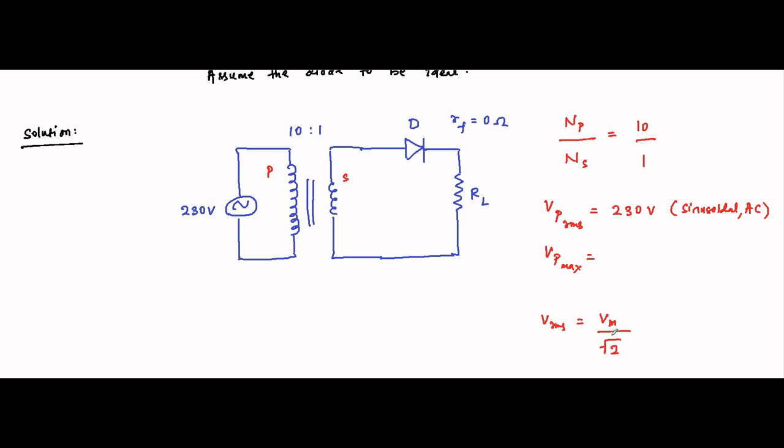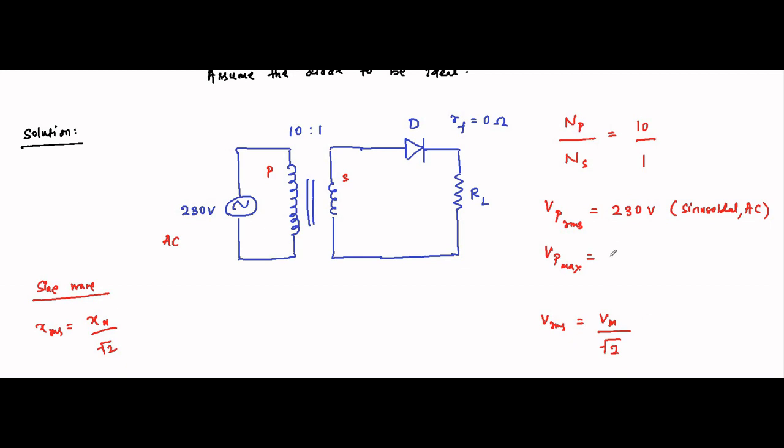But here we are discussing only the primary side which is connected to the input supply. The input supply is sinusoidal AC. For sine wave, the RMS value of voltage or current is equal to Xm by root 2, that is maximum value or peak value divided by root 2.